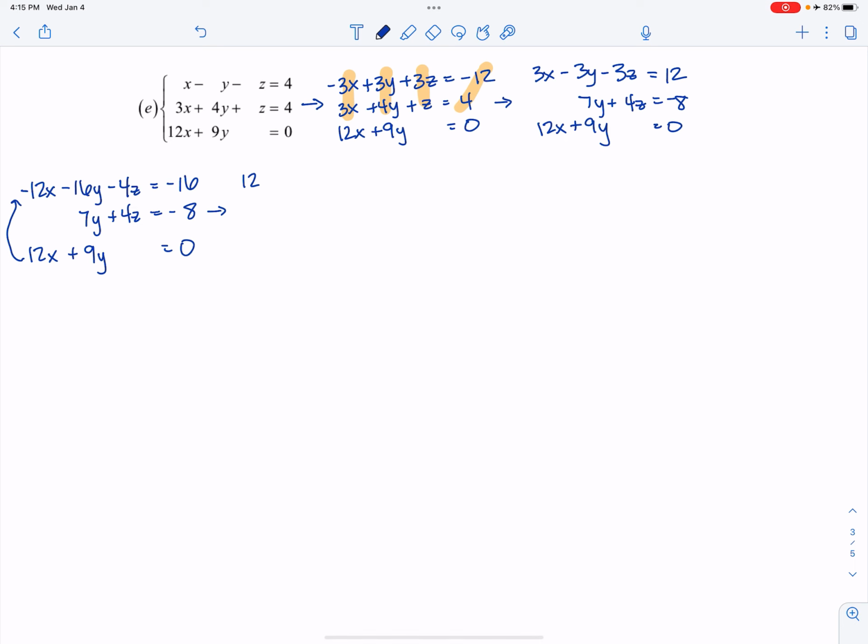That's gonna be my top equation now. My middle equation is gonna stay the same.